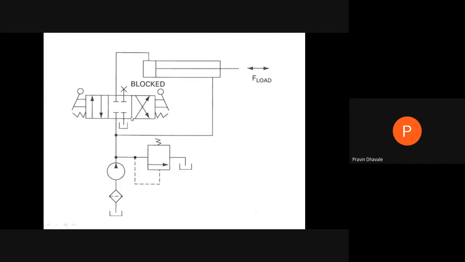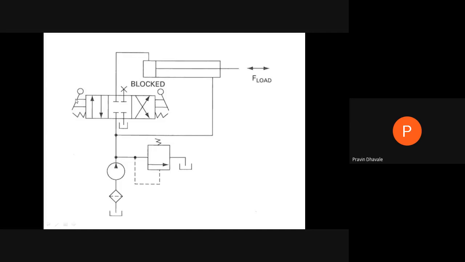Okay. 4 by 3 direction control valve. The central position will be the lock position, right? Off position. This is the lever operated 4 by 3 direction control valve. Now, the central position will be the off position.